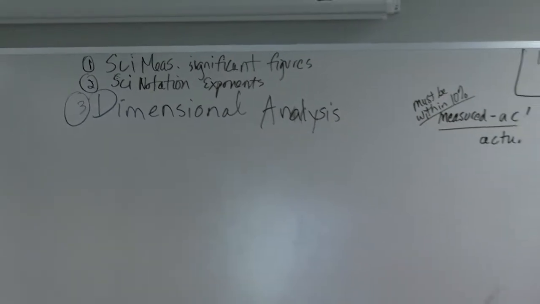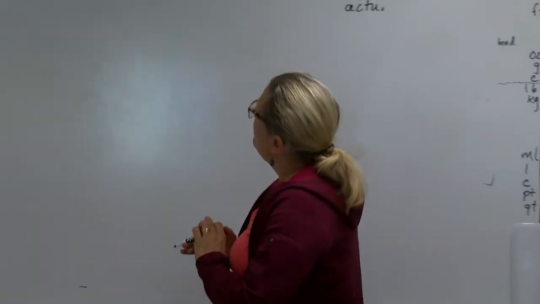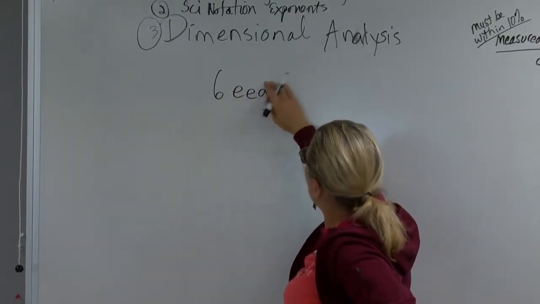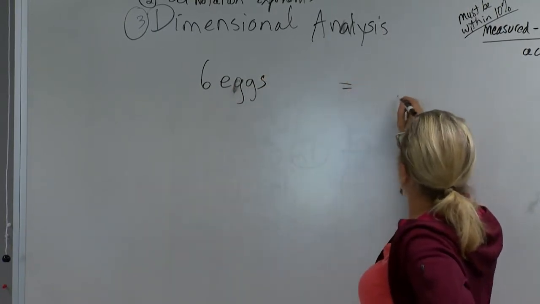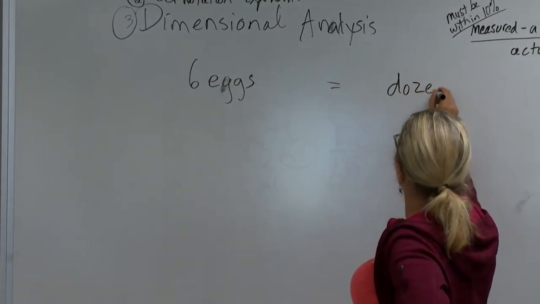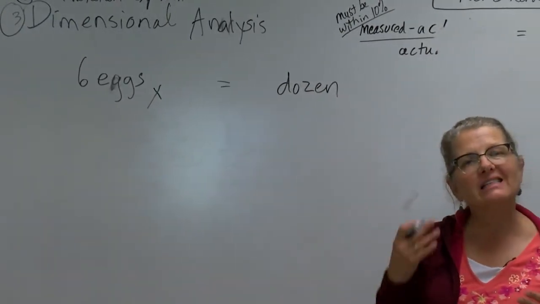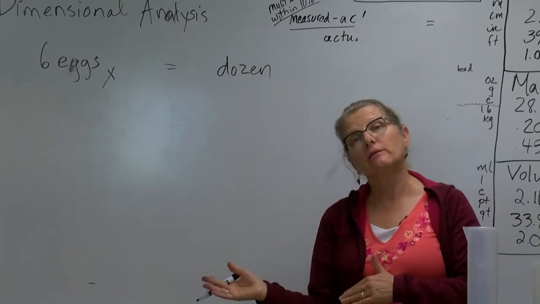So dimensional analysis, very simple, okay? If we want to know how many dozen 6 eggs are, what we have to come up with is an equality that relates eggs and dozens.